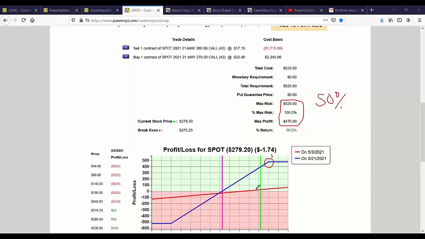I don't want the chance of early assignment on that short put. I will stay out of the money, high probability on the credit spreads, shorter term. I'll go at or out of the money on my debit spread, bull call debit spread, 45, 60, 80 days out in time or more, but I'm not expecting to stay in to get the full profit. I'm looking to close at maybe 50% profit if the stock does what I want.